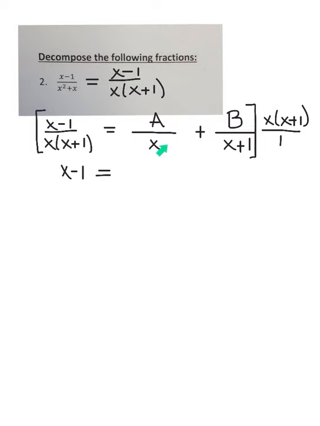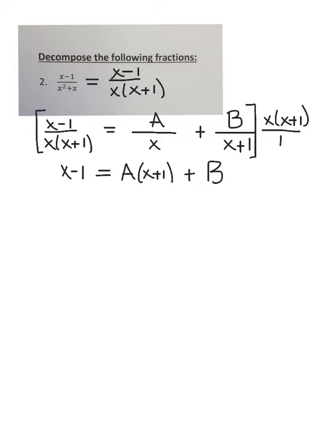This is getting multiplied by this, so you should see that the monomial terms of x disappear, and we're just left with a and the x plus 1. And last, we're going to multiply this last fraction times this. So the x plus 1s are going to cancel out, and we're just going to be left with b and x.